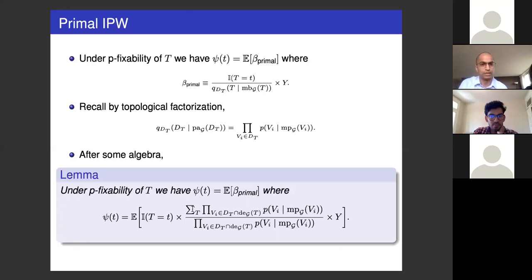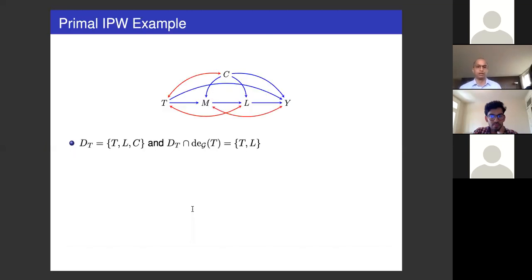Okay, so that may sound a little abstract. Let's make it concrete with an example. This looks very much like some of the motivating examples that Razieh was using, except I made this T and C edge correspond to an unmeasured confounder. So in this graph, the district of T is T, L, and C. And the descendants that are also in the district of T are just T and L, right?